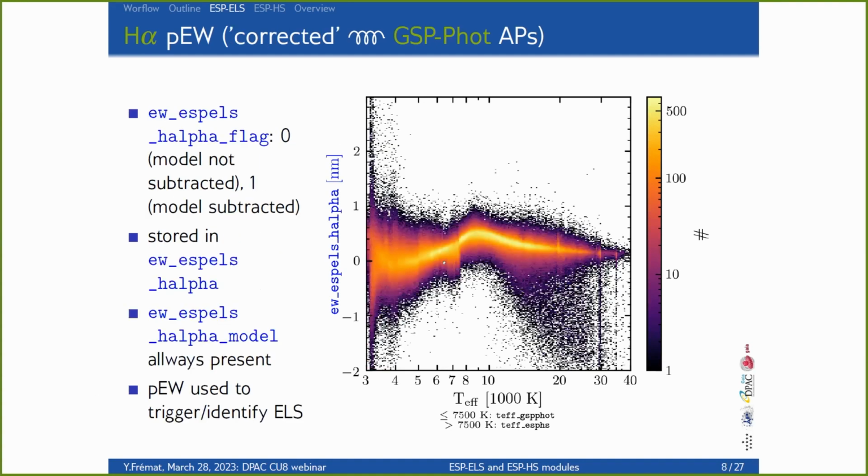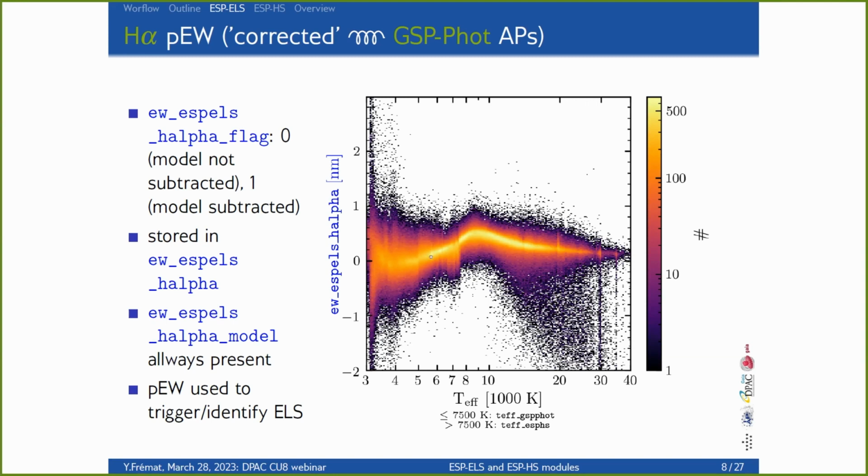That's what you see here. So we now have, even for the cooler stars, a mean value that tends to 0, as we would expect for these very, very cool stars.